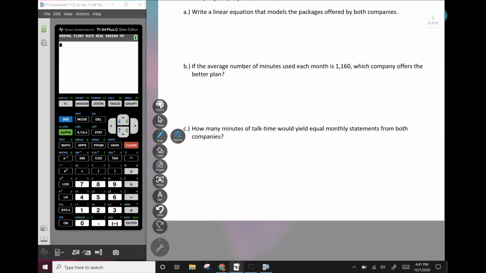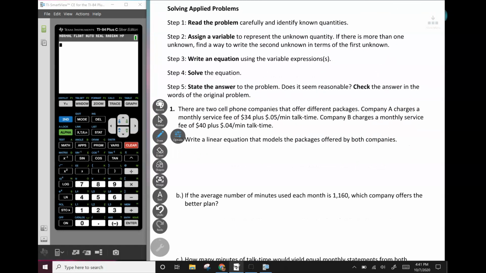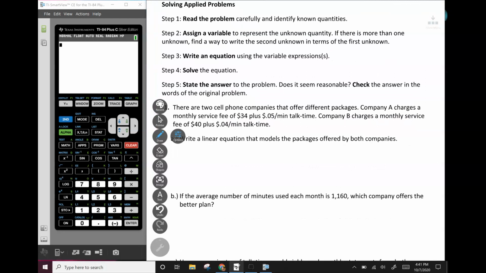How many minutes of talk time? Right? And so that's what we don't know, is how many minutes of talk time that the person is going to use. So we'll let T represent the talk time. And then I'm going to go ahead and write my units there. That'll be minutes.